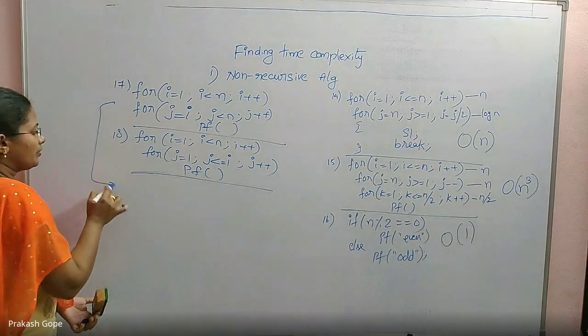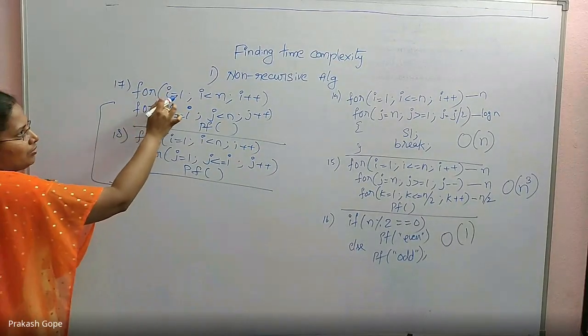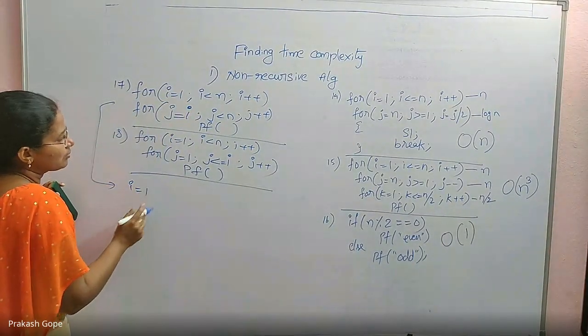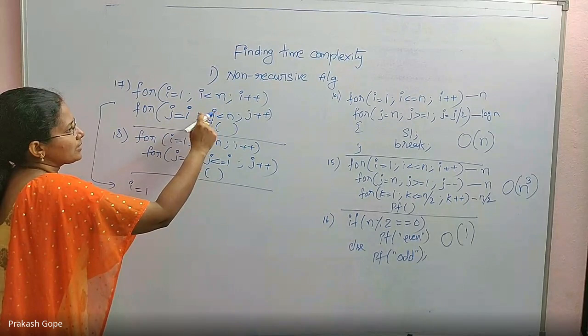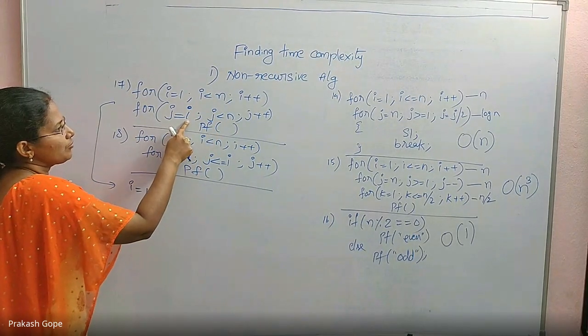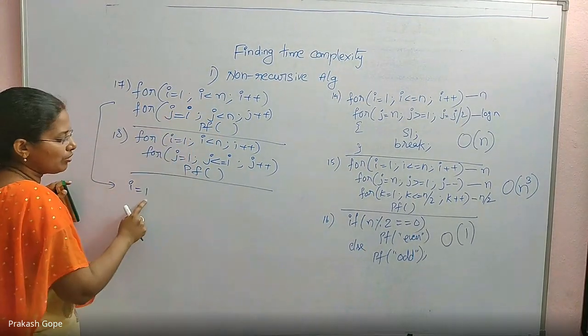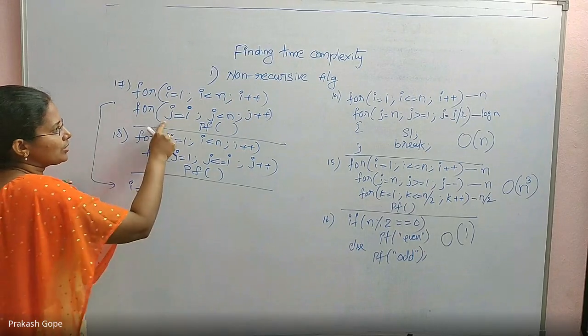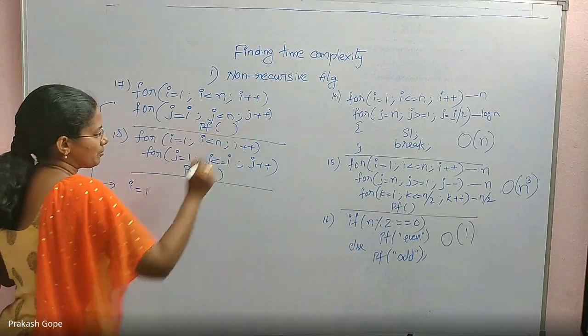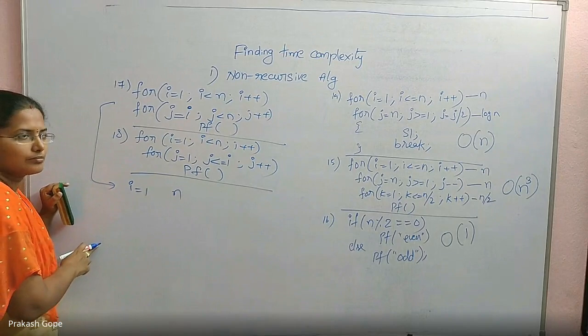Let us see this one first. For i equal to 1, how many times does this loop get executed? It starts from 1 because i equal to 1, right? So when i equal to 1, j starts from 1, goes till n with j plus plus, which means it runs for n times.